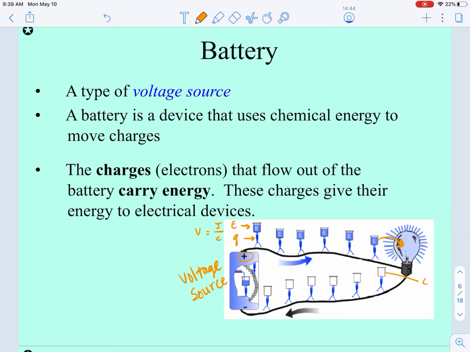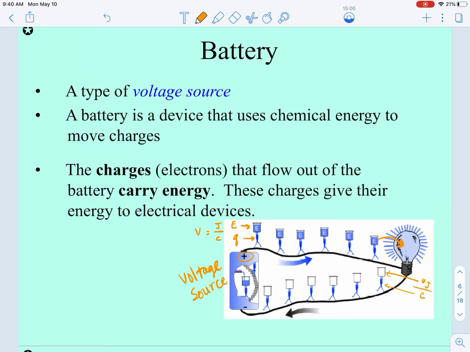We have no energy left, or we have 0 joules, in this case, of energy per coulomb. We do still have our man there. We do still have our bundle of electric charges, but the amount of energy available is now nothing.